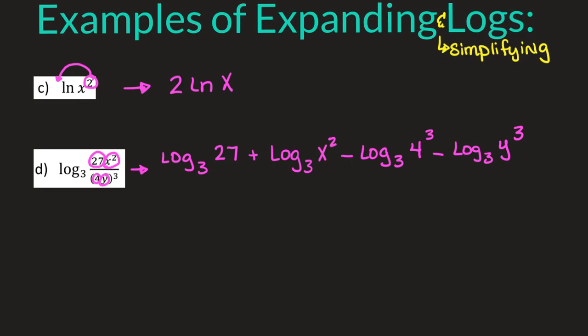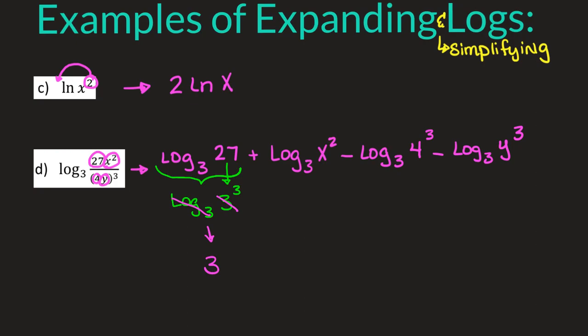All right, so for the next part, we're going to just take and evaluate each term to see where we can simplify or move things around. So the first term, this log base 3 of 27, I'm going to see if we can do something with this 27, if we can make it with the same base as the log base 3. So if we have a 3 to the third power, that would be 27. And so I could bring down my log base 3 of 3 to the third, meaning that the log base 3 and the 3 cancel and leave me with 3.